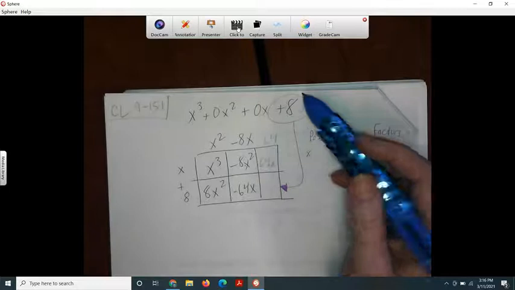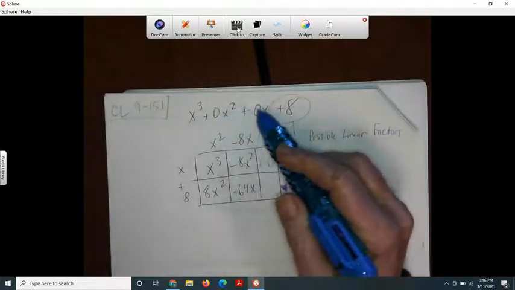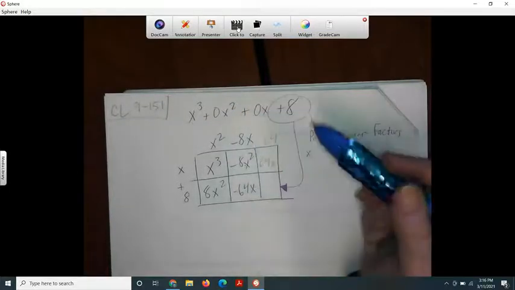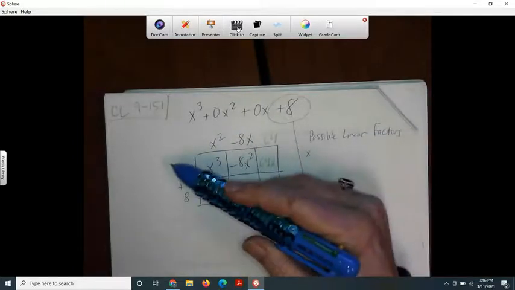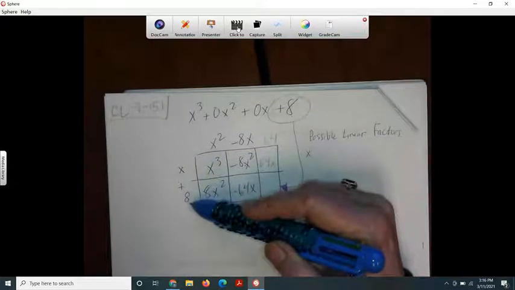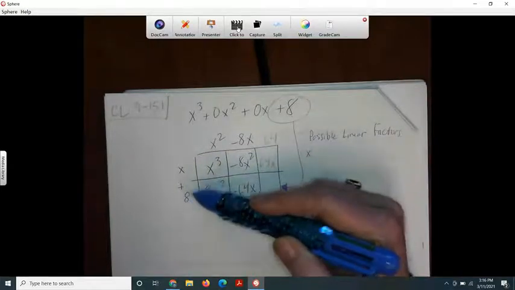The reason the linear factors have to divide evenly into 8 is because to complete this division and to have no remainder, this has to end up being 8.